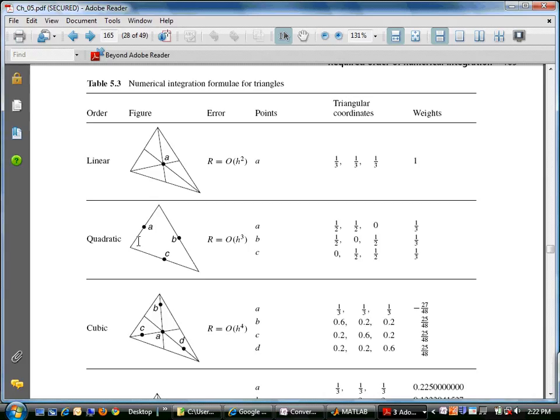So none of the corner nodes will take any load. And the reason is that these 3 points actually form what are called quadrature points for triangular elements. So you can assemble your stiffness matrix for the T6 element using this.